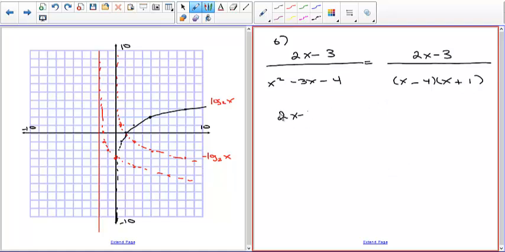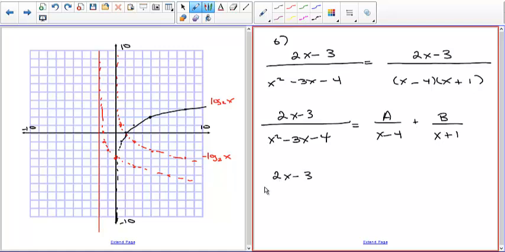Now, then what we do is we say, okay, we want to create two simpler fractions where you have the two factors like that. So we need to then combine these two that we've now separated into a single fraction.